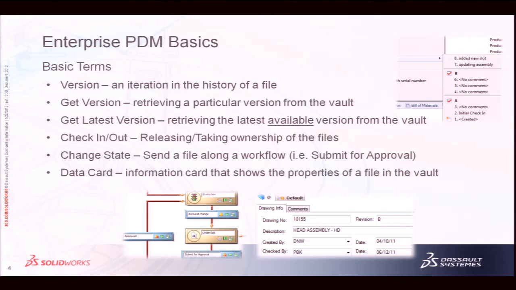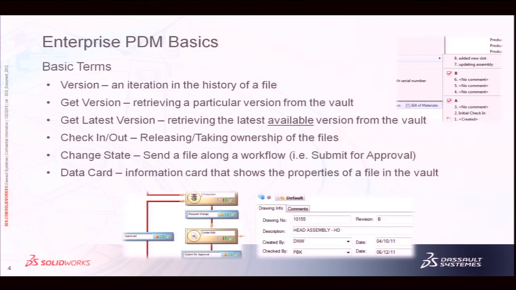The command to get a version from the vault are the next two lines here. So when I say get, and there's a specific command in EPDM, which I'll show you, that get is basically a command to say, go to the vault, to the server, and bring it to me. Now initially, it sometimes could be confusing. If you're working on a file, the latest version generally is the one you're working on.